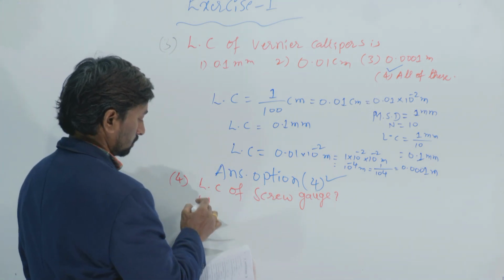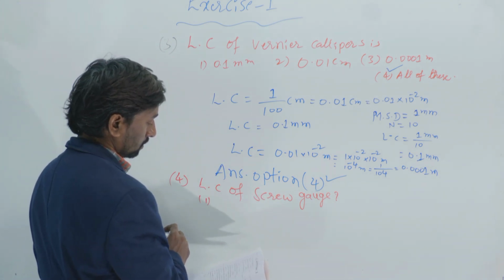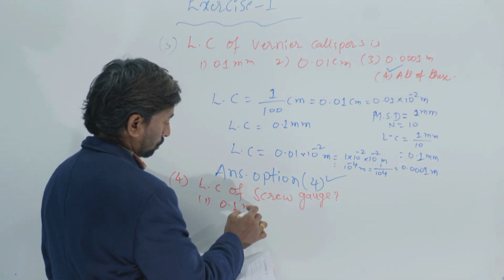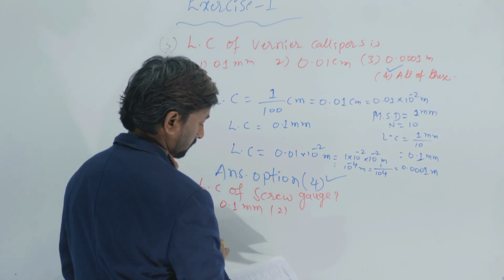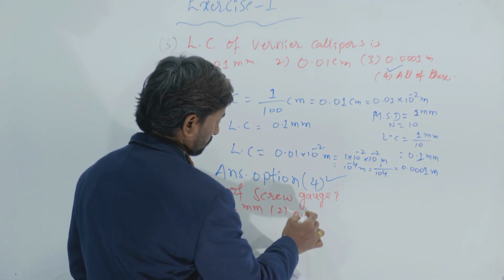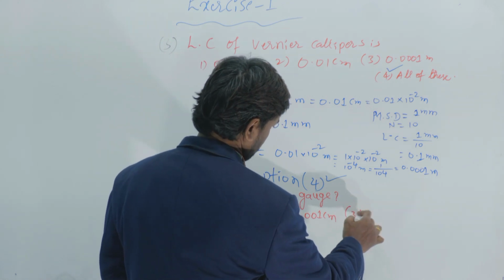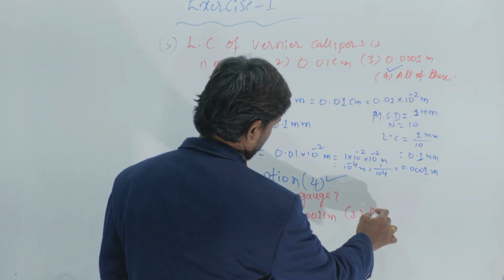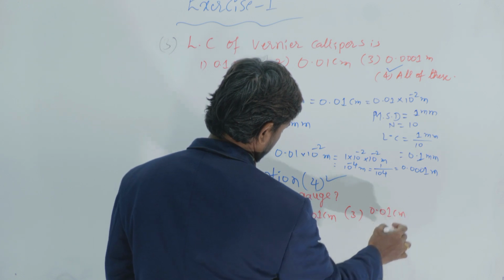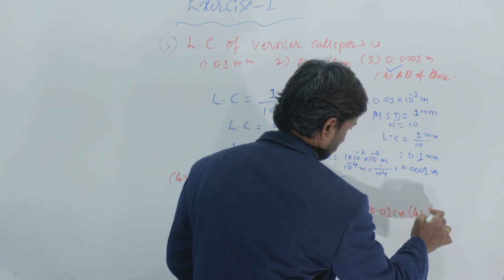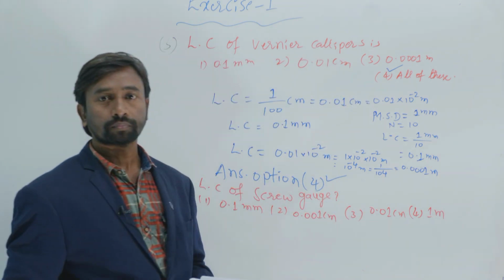First option is 0.1 mm, second one is 0.001 centimeter, third option is 0.01 centimeter, and the fourth option is 1 meter.